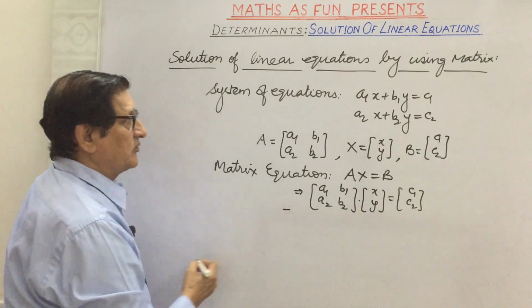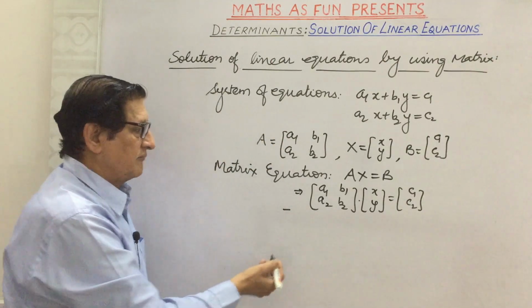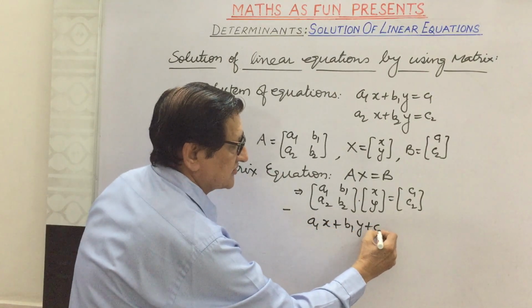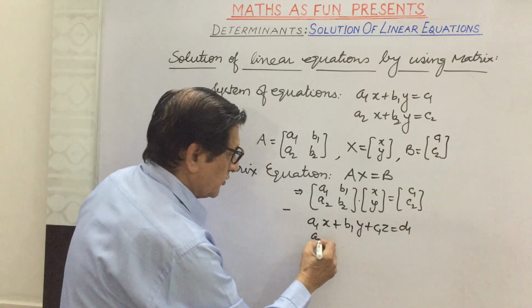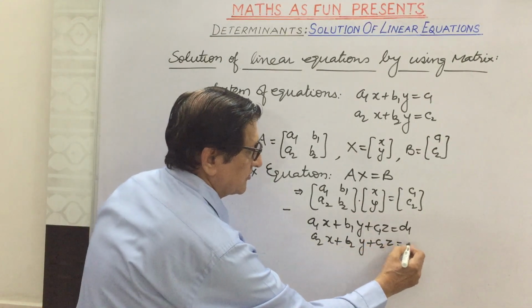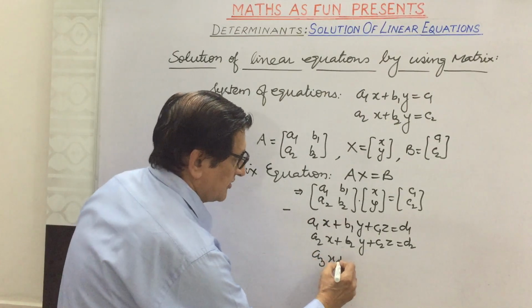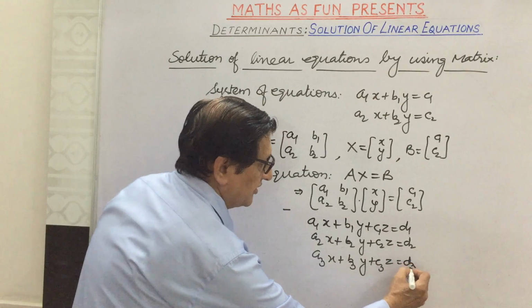Suppose we have a system of three equations in three variables, that is a1x plus b1y plus c1z is equal to d1, a2x plus b2y plus c2z is equal to d2, and a3x plus b3y plus c3z equal to d3.